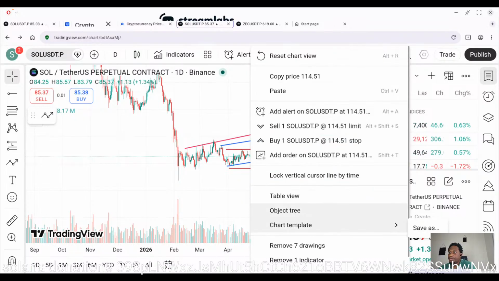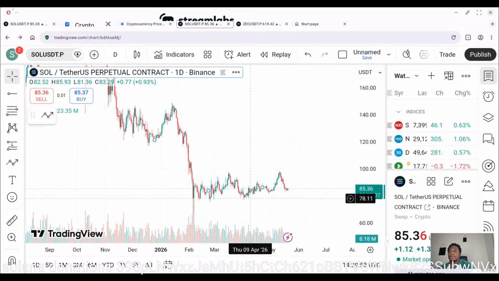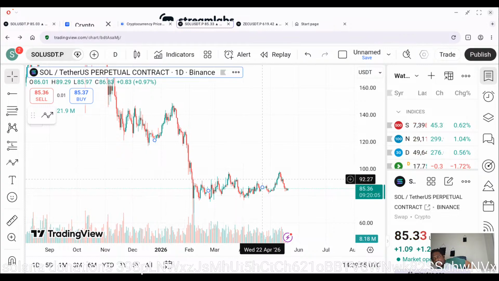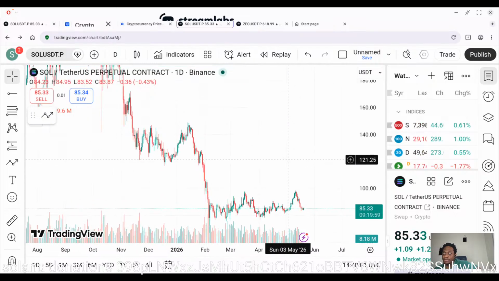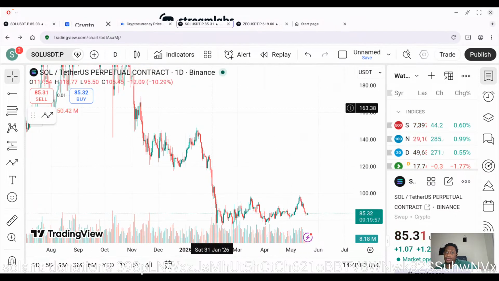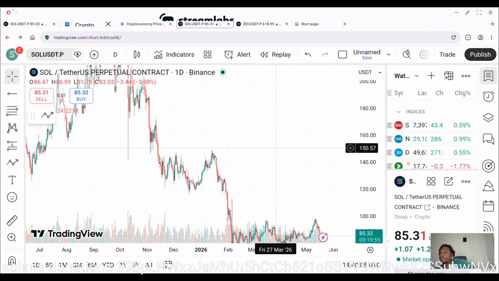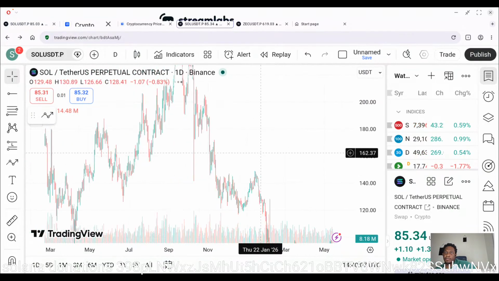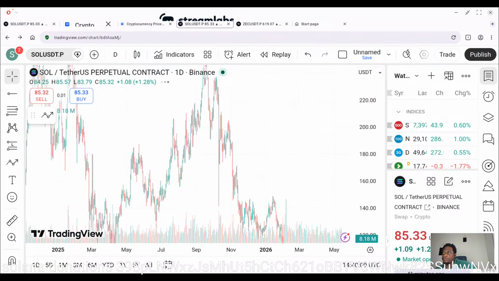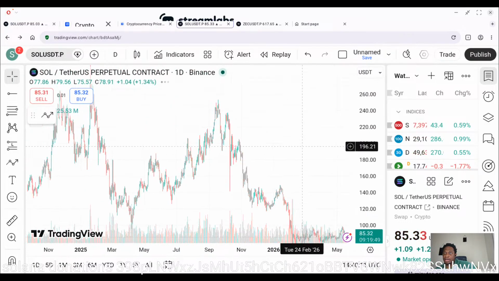Now let's remove all drawings, because this is called dirty charts, clean money. The charts are always messy. Charts are always dirty. If you have a token you want me to look at, just let me know.